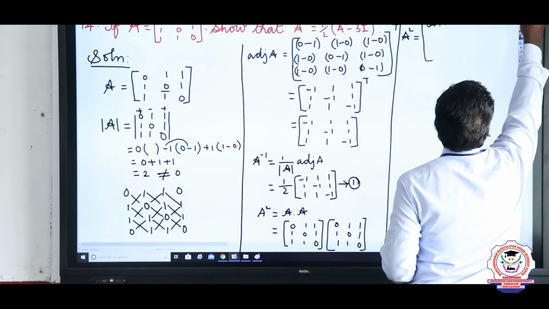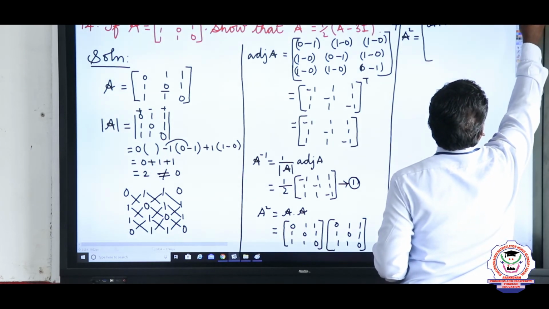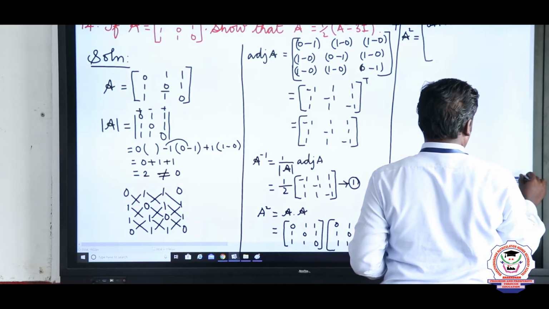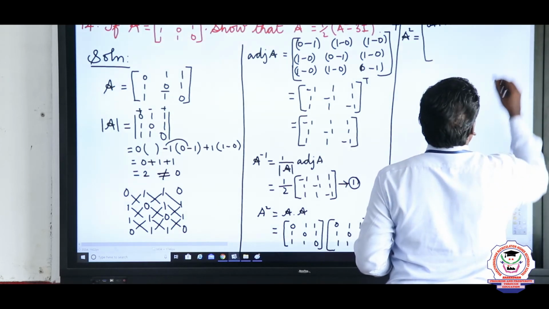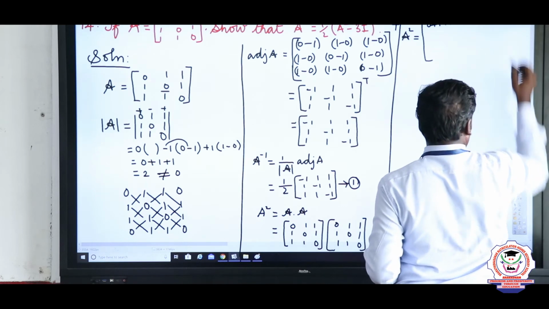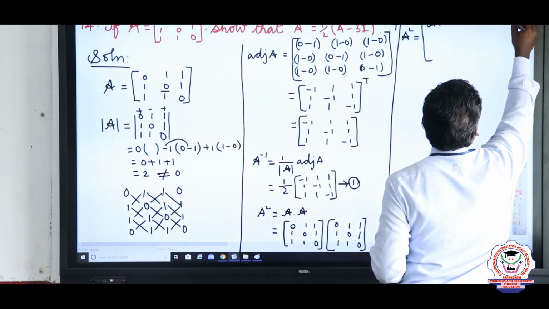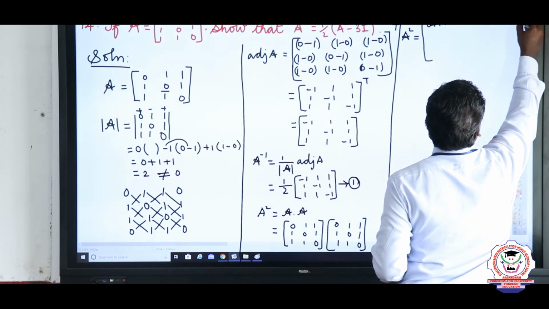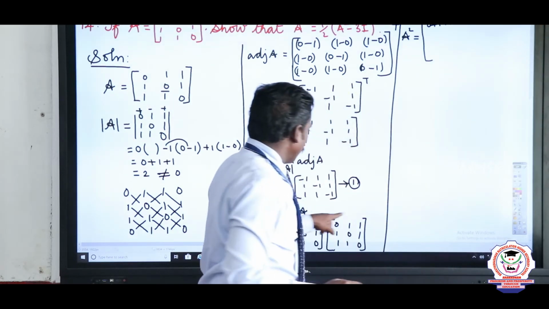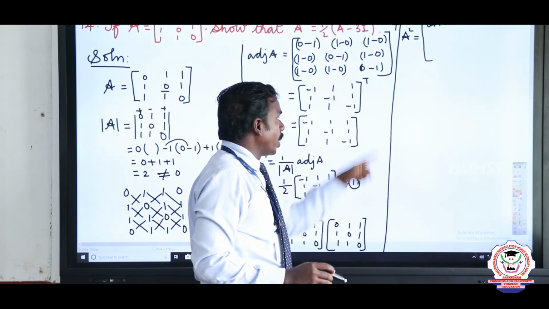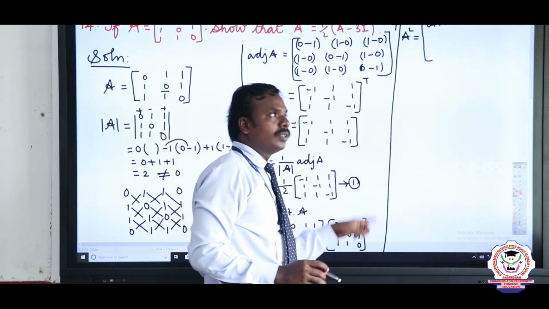Listen to this, 0 plus 1 plus 0. So that is because 0 into 1 is 0, 1 into 1 is 1 and 1 into 0 is 0.